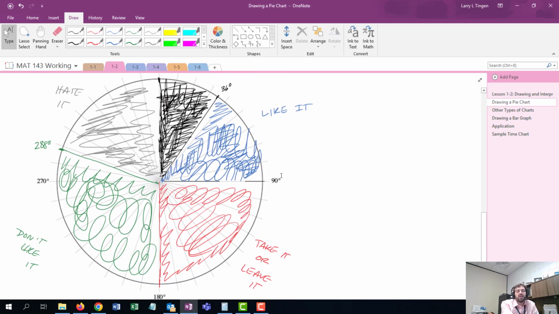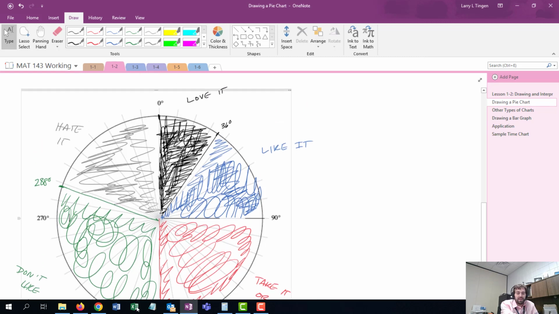Another reason is that when you use a pie chart, we don't think about this, but we're actually looking at two dimensions. This pie has height and width. So it's not just one dimension of measure that I'm having to consider. I'm having to look at the area this wedge takes up compared to the area of this wedge. Is this first wedge of love it half as big as the second wedge? Is the like it twice the size of the love it?